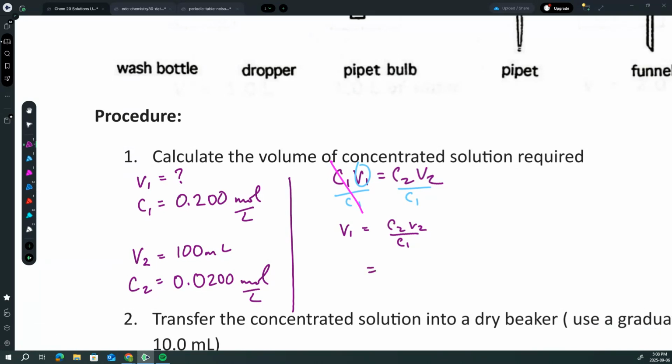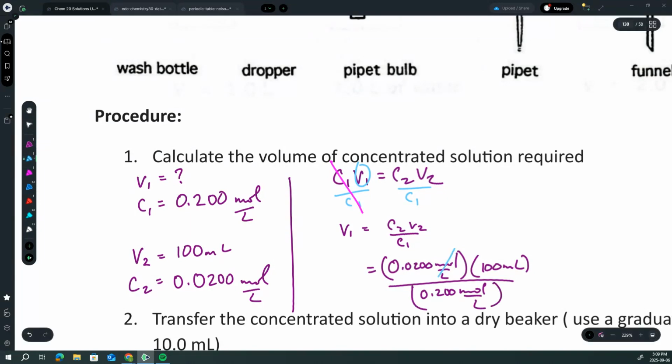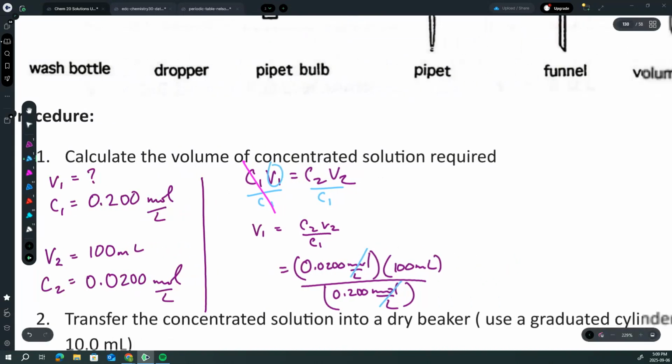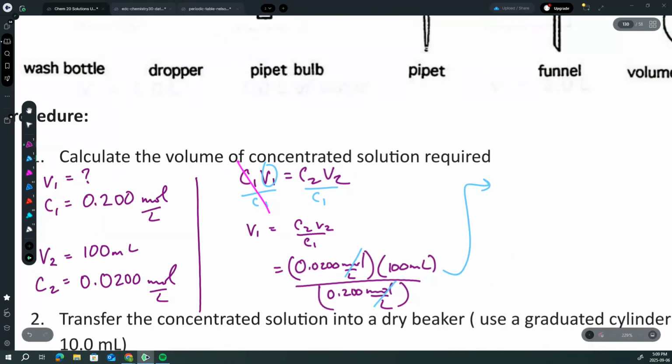And now we just plug in our numbers here. So 0.02 mole per liter, 100 milliliters divided by 0.2 mole per liter. So the units cancel out, so we're left with milliliters.